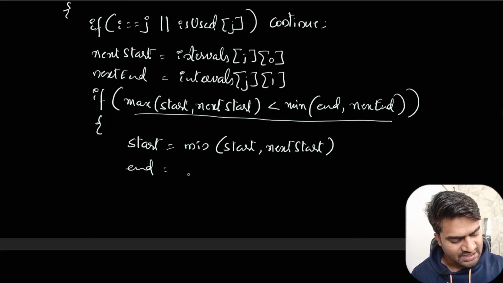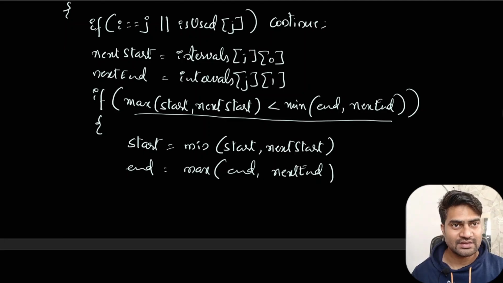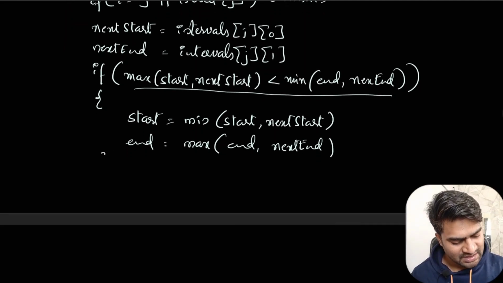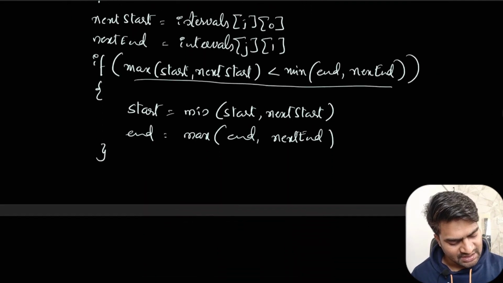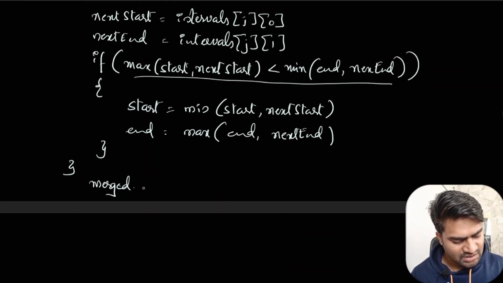Then my end will be max of end comma next end. Okay, this way I will update. Then at the end of second for loop, what I will do, I will say merged dot push or add, basically.